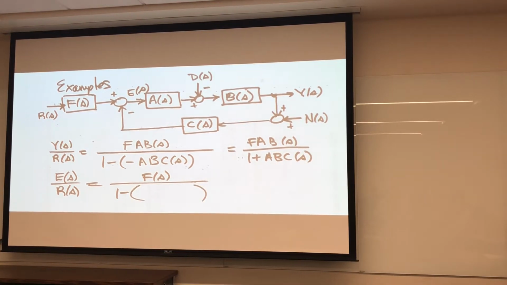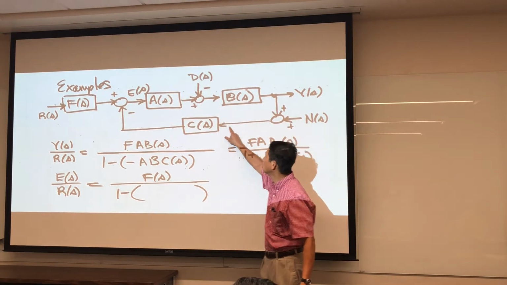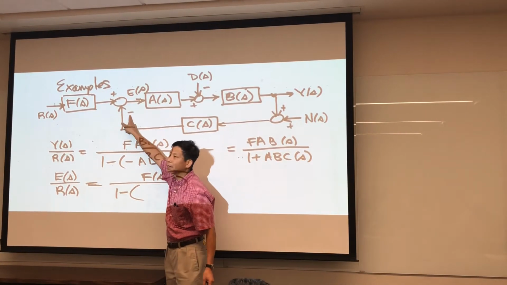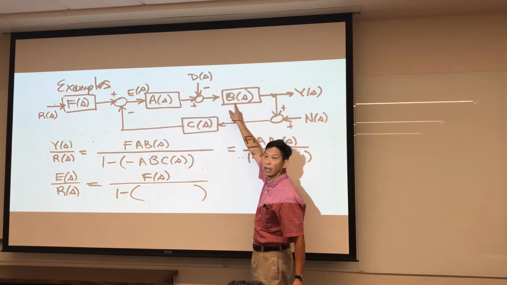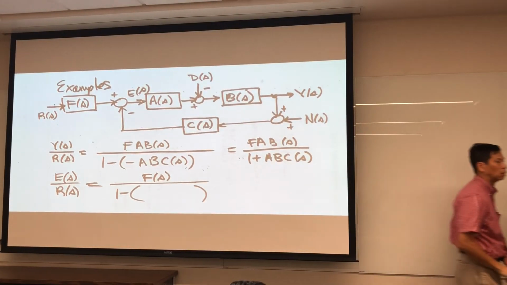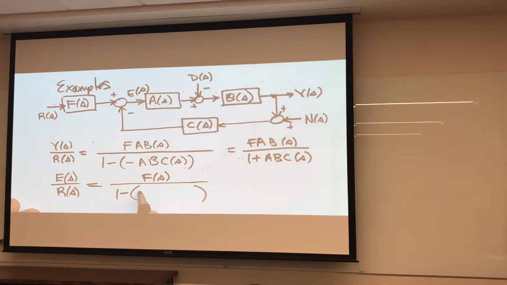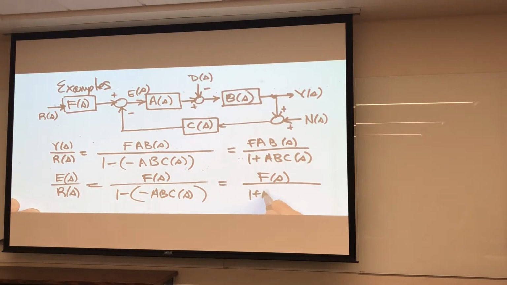Okay, so start anywhere. You go once around the loop. Minus C, A times C, A times B times C, and I'm back. And so negative A times B times C of s. And so the answer is F of s divided by 1 plus A B C of s.